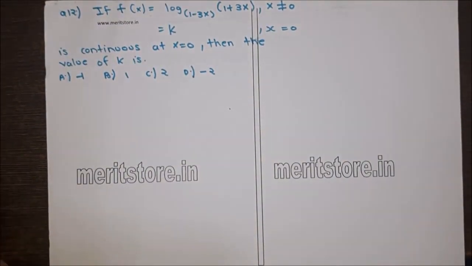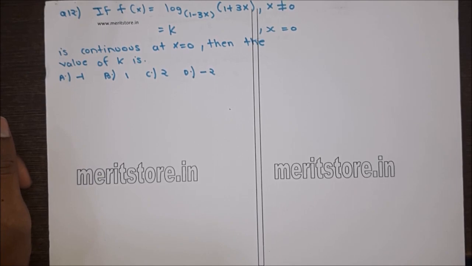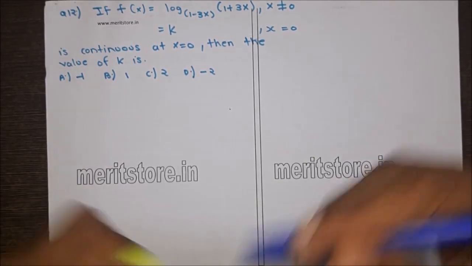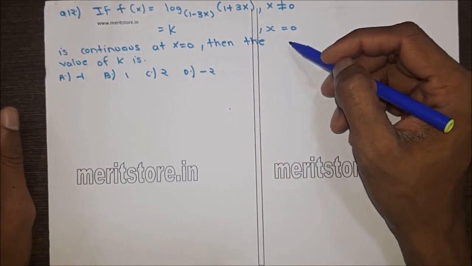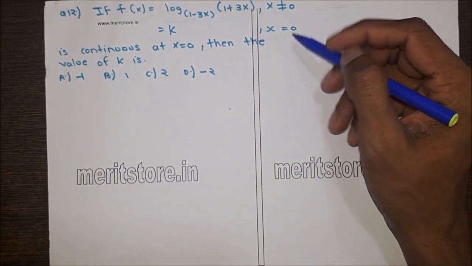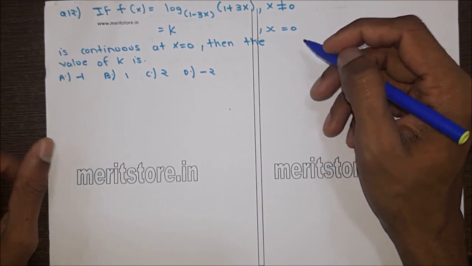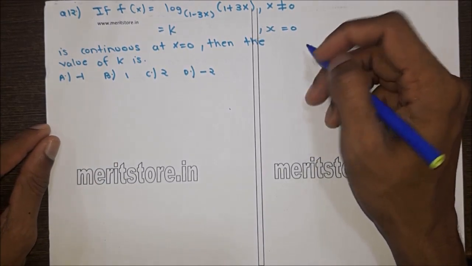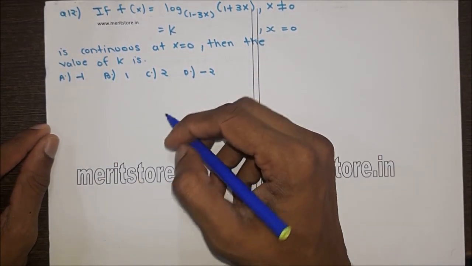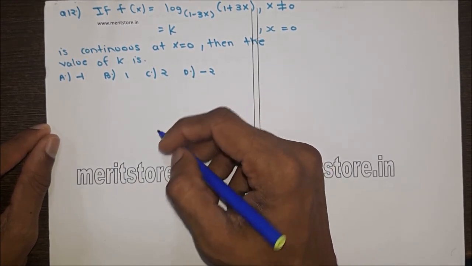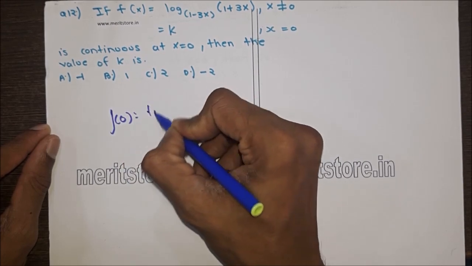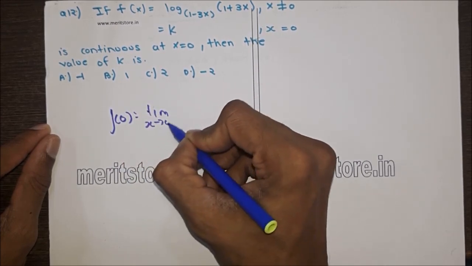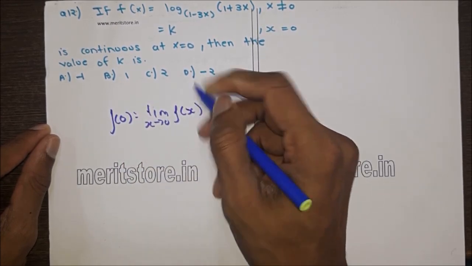Question 12. If f of x is equal to log to the base (1 minus 3x) of (1 plus 3x), where x is not equal to 0, and k, where x is equal to 0, is continuous at x is equal to 0, then the value of k is, we know that the function is continuous at x is equal to 0. Therefore, f of 0 equal to limit x approaches to 0, f of x.